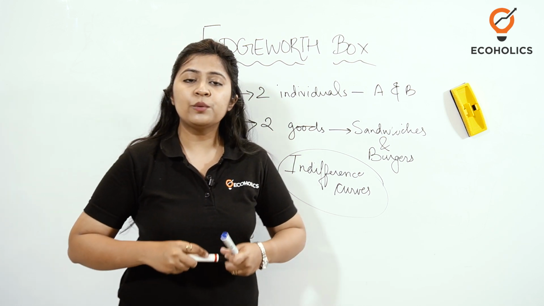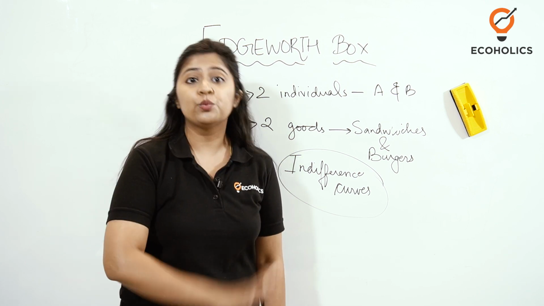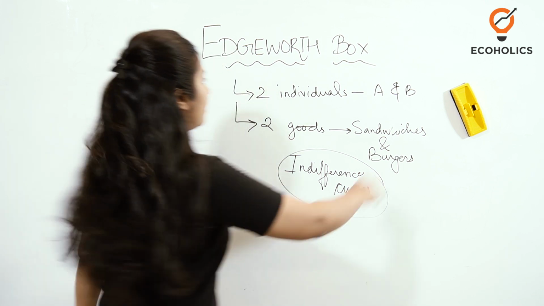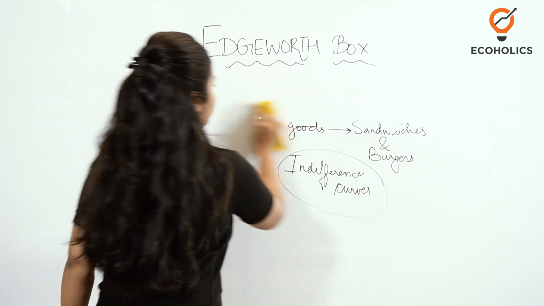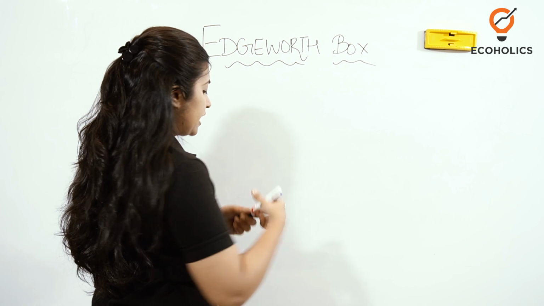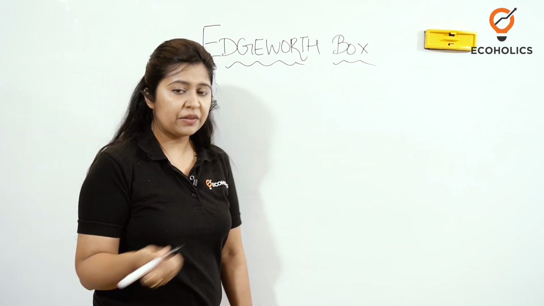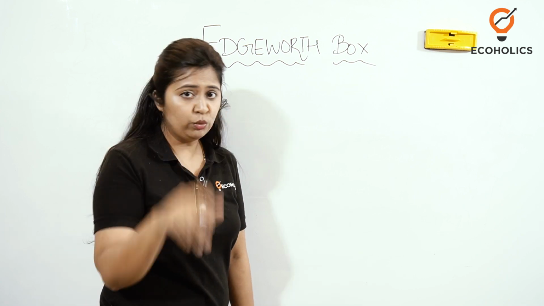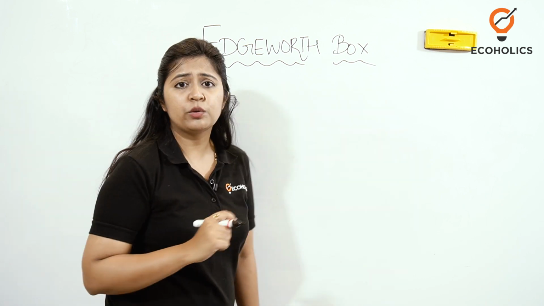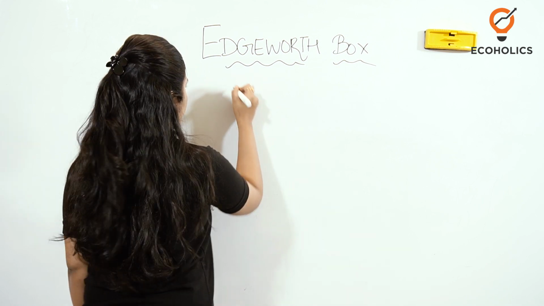So today we are going to understand indifference curve analysis along the Edgeworth box. I'm going to take individual A's color as black and individual B's color as blue while marking the Edgeworth box diagram so that you understand what I am doing.